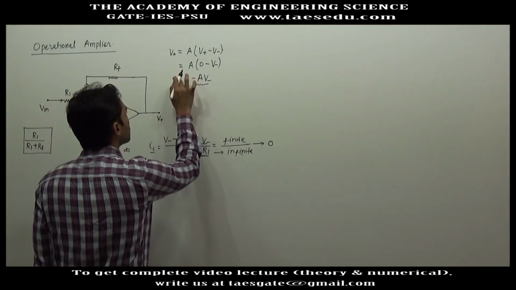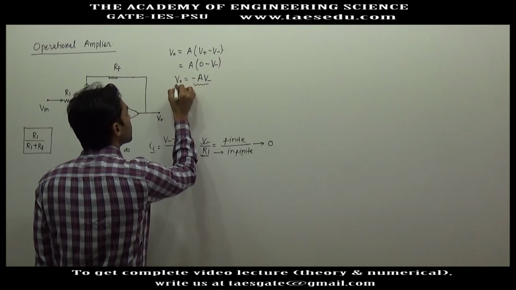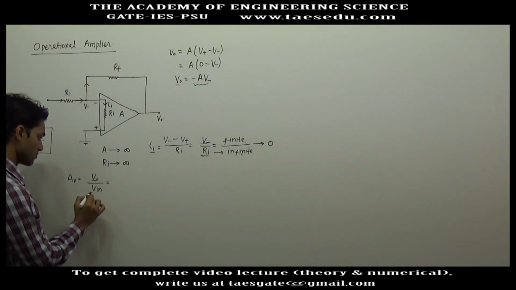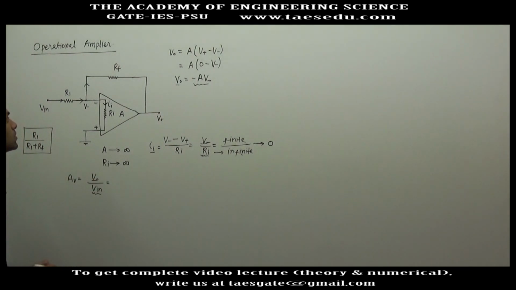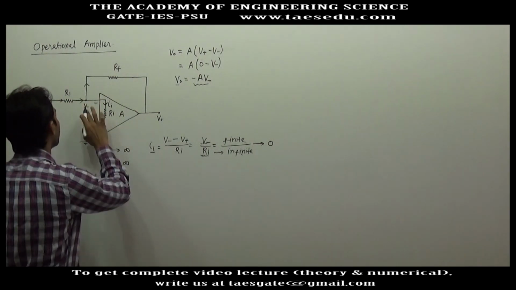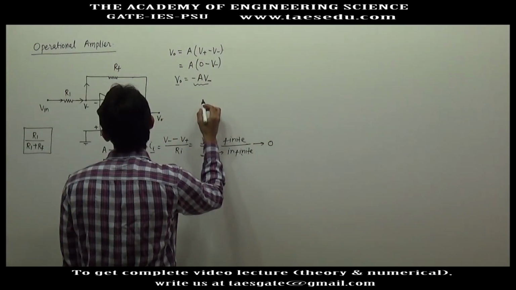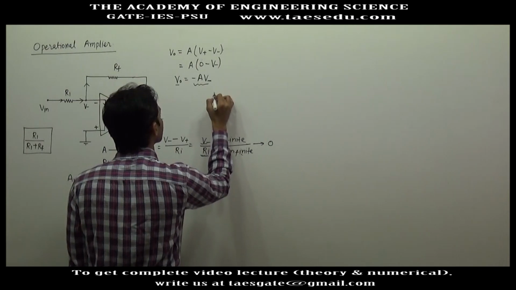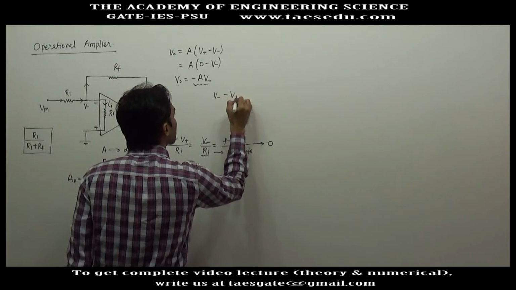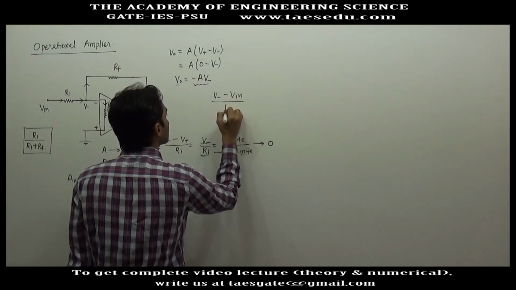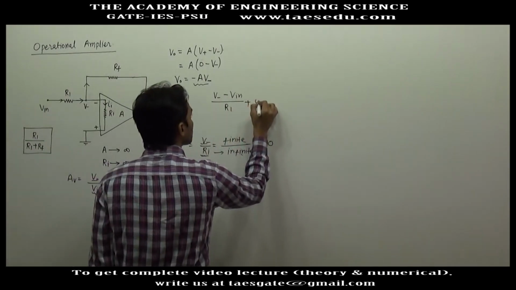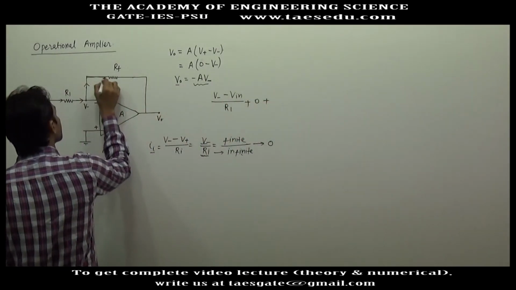Okay, so we have the value of output voltage in terms of V minus, but we have to get output voltage in terms of input voltage. So we will apply nodal analysis here. If we apply nodal analysis, we will have V minus minus V input divided by R1 plus, here we have 0 current, plus what will be this current?